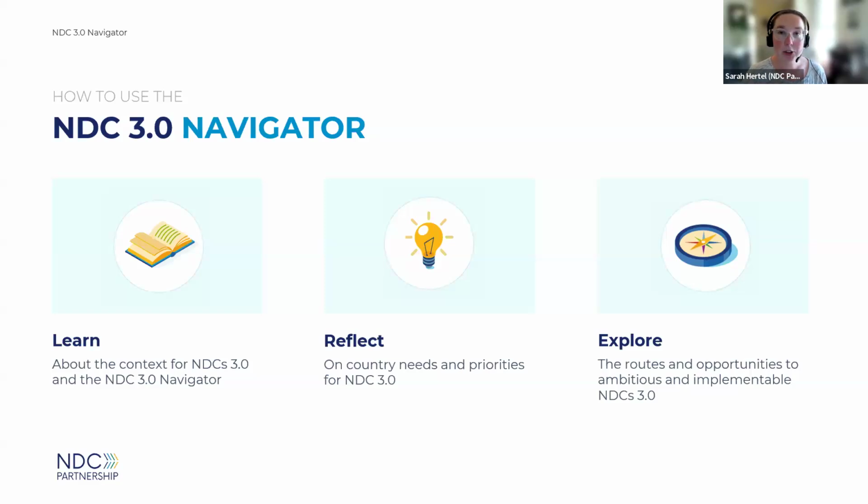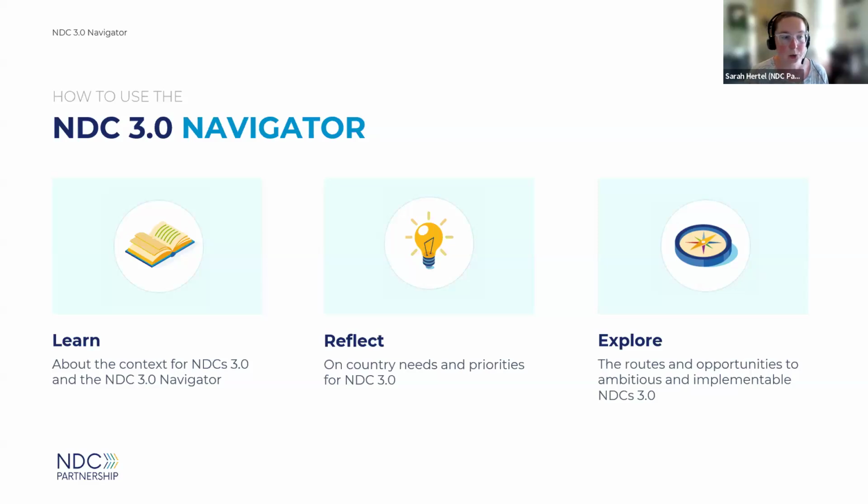So in order to help countries to explore the most impactful opportunities and strategies to raise their ambition and strengthen implementation, the tool has built on currently available support and resources and will also be further developed over time as additional guidance becomes available.